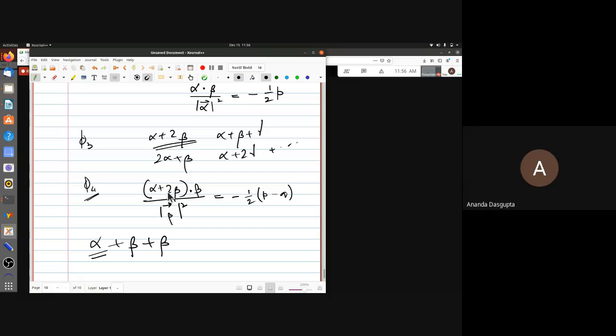Yes. And that means that Q has to be 2 for this. So from the history of how you arrived here, you should be able to figure out how much Q is. And if you know how much Q is, this will tell you how much P is. That will tell you whether you can shift up again or not. That is, it will tell you whether alpha plus 3 beta is at all going to be a root vector or not.